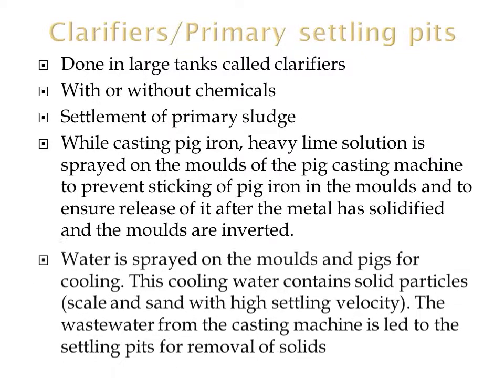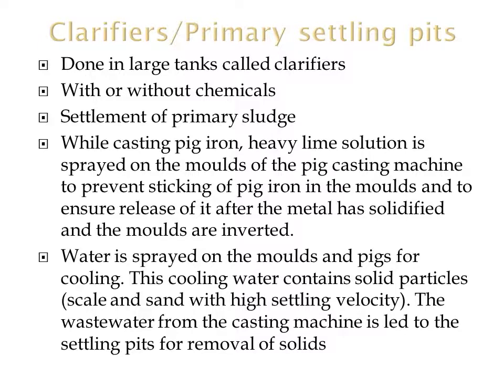This water is sprayed on the molds of the pig casting machine. This water contains solid particles such as scales and sand, which have high settling velocity, and such water is directly sent to settling pits or large tanks so that solids get settled down and can be removed easily.